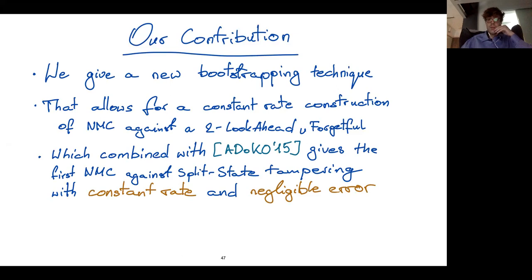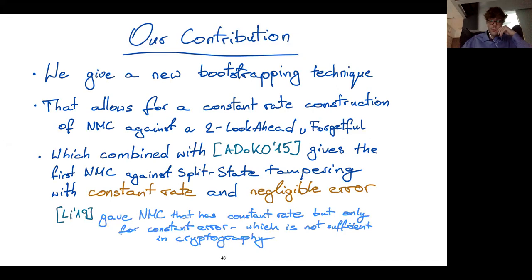So that gives non-malleable codes in split-state tampering with a constant rate and negligible error. One thing that has to be mentioned at this point is that Xin Li gave a non-malleable code that's constant rate, but that only works for a constant error. So that's sadly not sufficient for cryptographic applications.